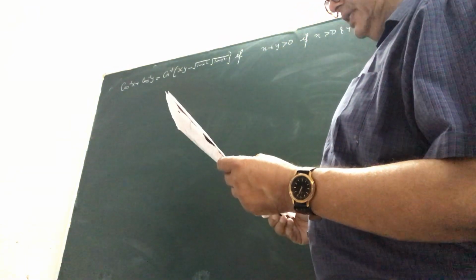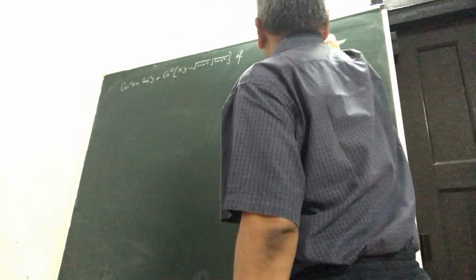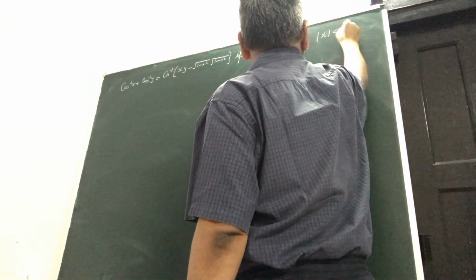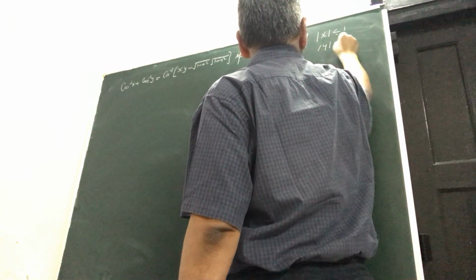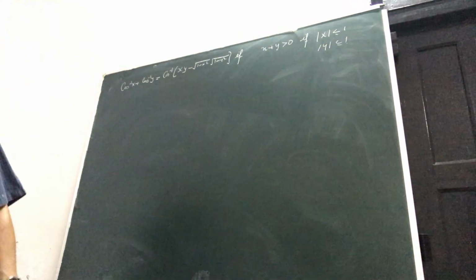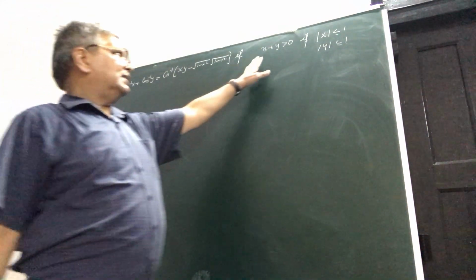If x plus y is greater than 0, only this much condition it is. And of course, here cos inverse x, cos inverse y, so mod x is less than or equal to 1, mod y is less than or equal to 1, then only cos inverse x and cos inverse y will be defined. So the only condition is like this.